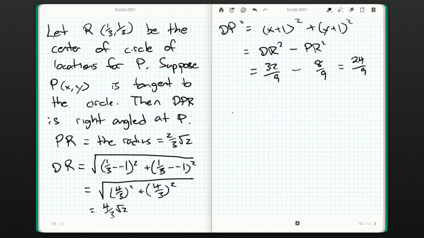So (x plus 1) squared plus (y plus 1) squared is equal to 24 over 9. How does that help me exactly? I haven't a clue as to why that doesn't give me an x or a particular y.